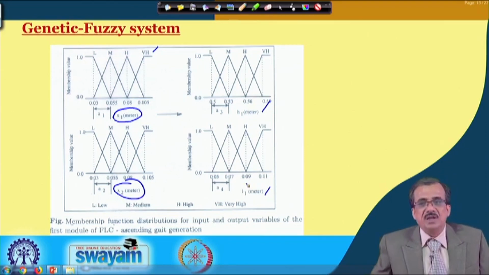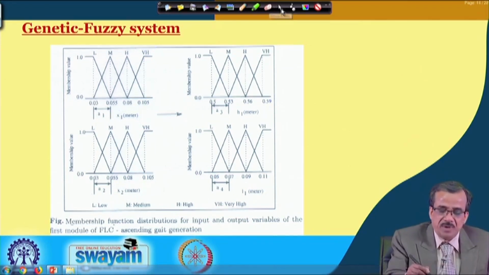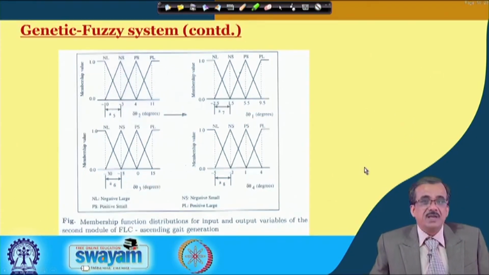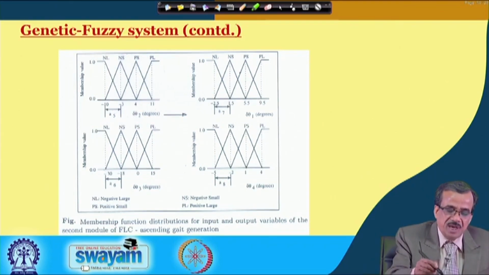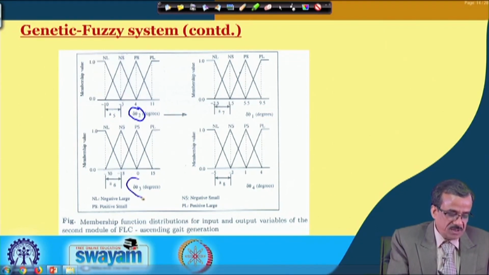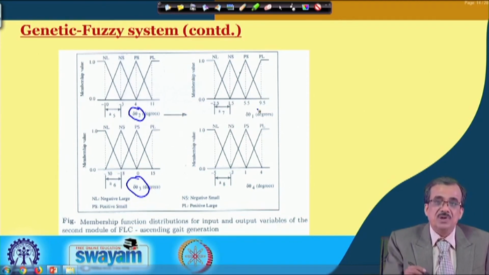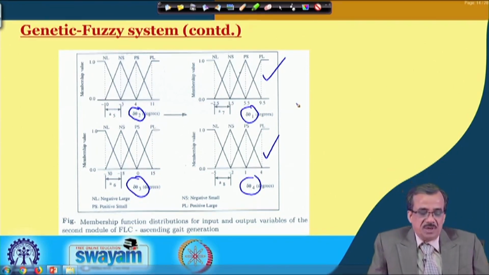Now, using this h 1 and L 1, mathematically we will be able to calculate what should be the joint angle values, and once you have got these joint angle values, exactly in the same way we are in a position to find out the change in theta 2 and the change in theta 3, and these changes in theta 2 and theta 3 are going to follow some triangular membership function distribution, and as output you will be getting the change in theta 1 and the change in theta 4, and these are the membership function distributions for theta 1 and theta 4.